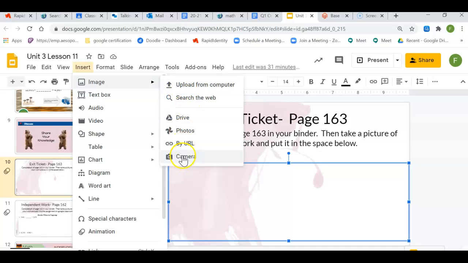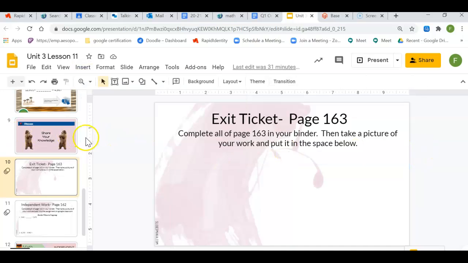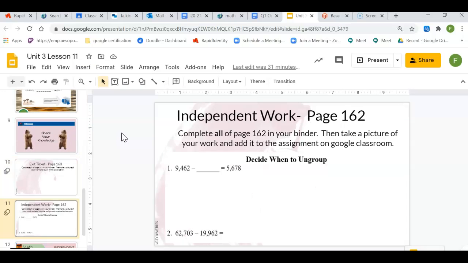So you can use this camera to take a picture of your work, and then it'll insert automatically, or if you've already got it on your computer, you just have to find it and upload it from your computer. Okay, so you do that independently for a grade.